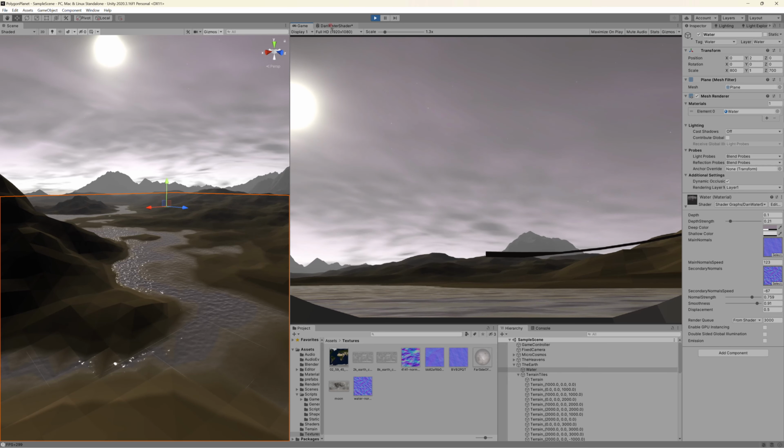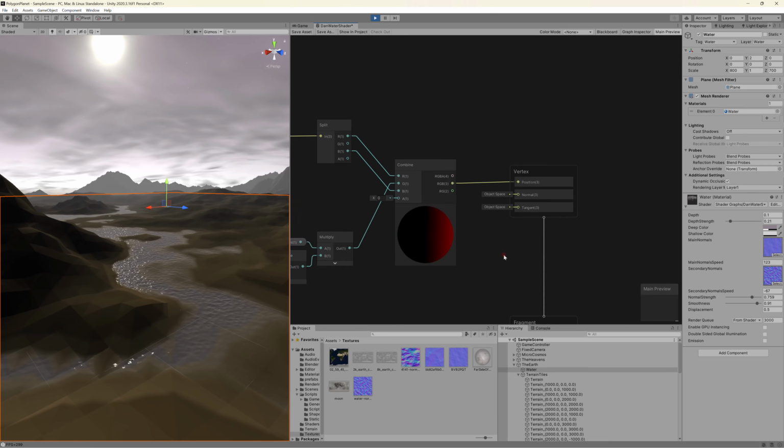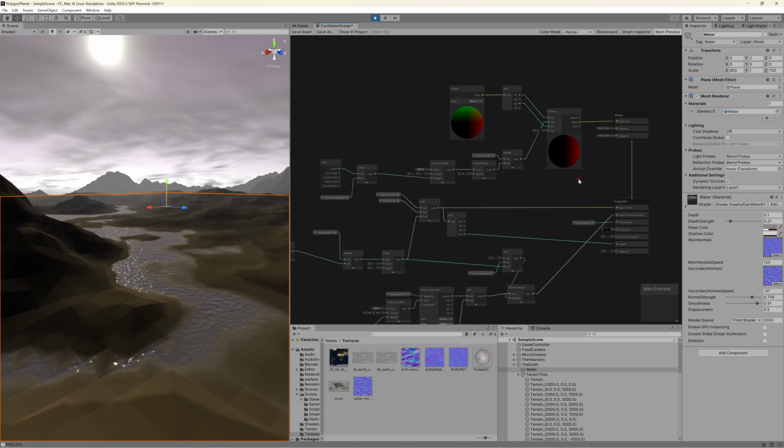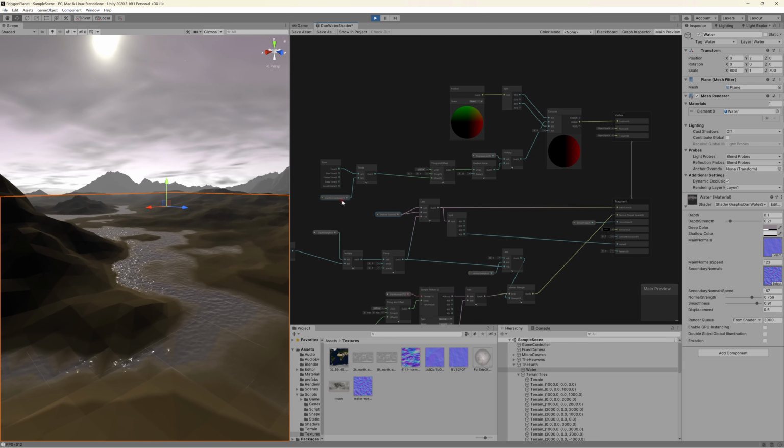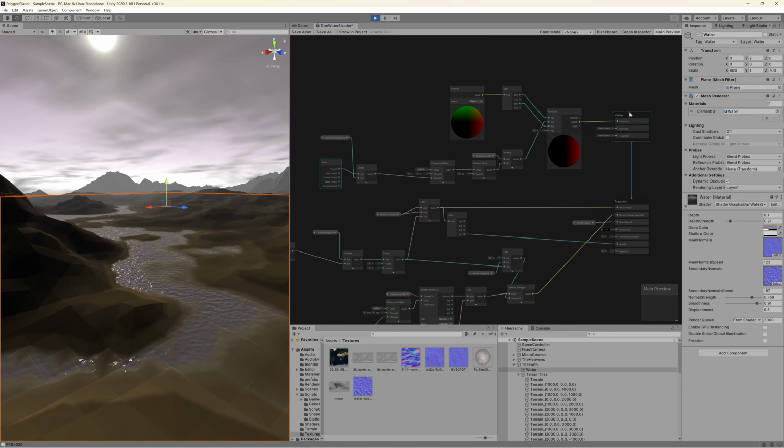So the shader graph looks quite busy, but essentially my understanding of the shader graph is that you have sort of two sections. You've got this stuff up the top here that is all feeding into the vertex phase of the render pipeline process.